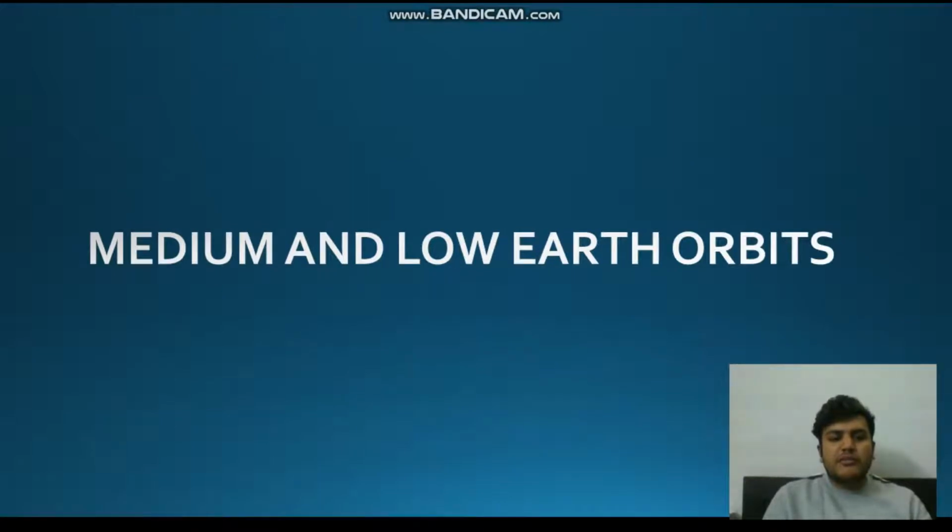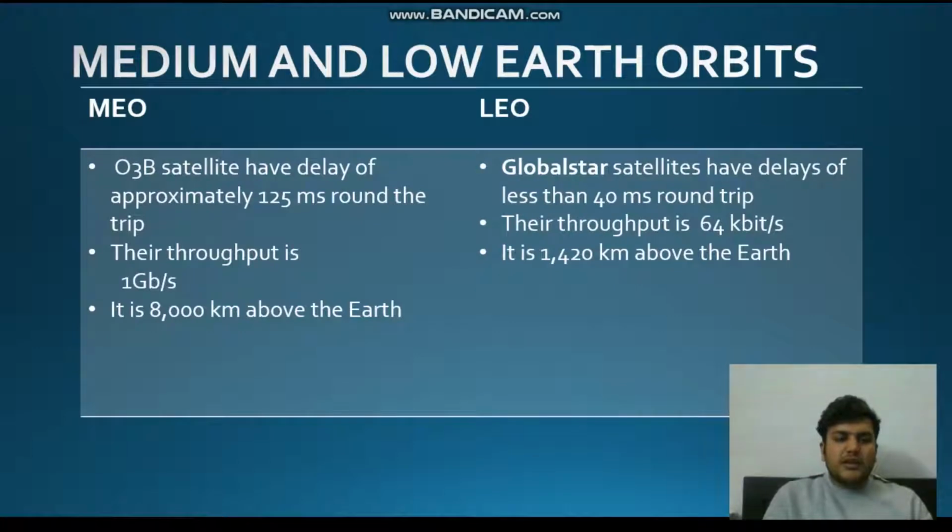Now let's talk about the medium and low Earth orbit satellites. First of all, medium Earth orbit satellites. Take an example: O3b is a medium Earth orbit satellite. Its latency is 125 milliseconds round trip, its throughput is 1 GB per second, and it is 8,000 km above the Earth.